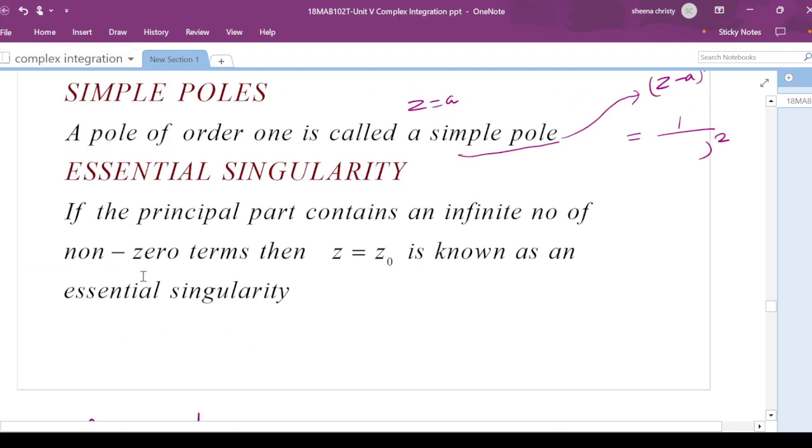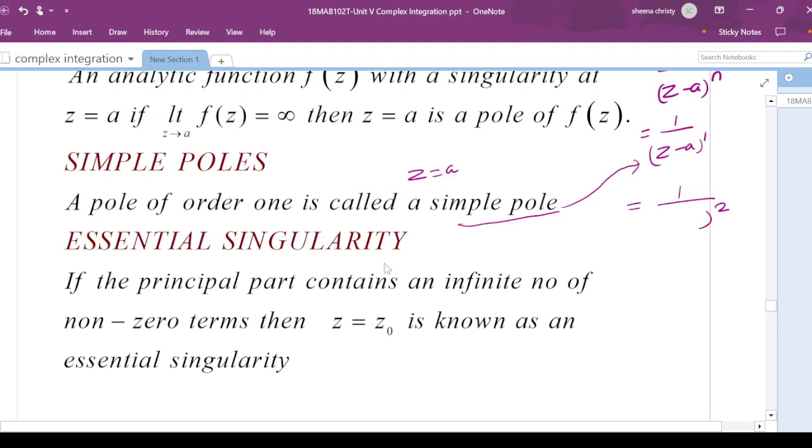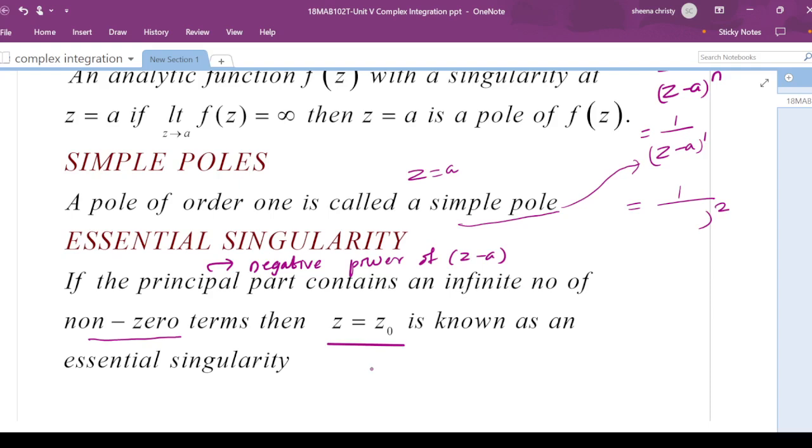Okay. Now next we are having the definition of essential singularity. What is meant by essential singularity? If the principal part, meaning the negative powers of z minus a, contains an infinite number of non-zero terms, then z equal to z naught is known as an essential singular point.